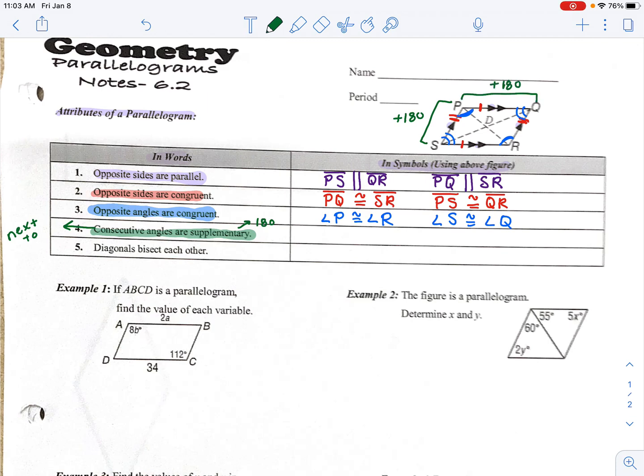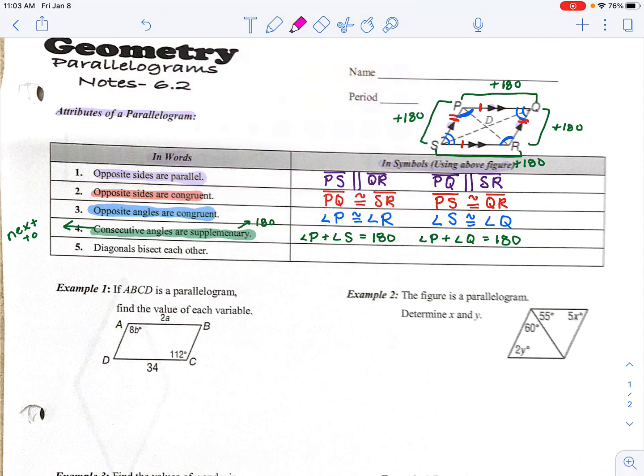P and Q are next to each other, so they would add to 180. Q and R would add to 180, and S and R would add to 180. If I write down two examples, I could say angle P plus angle S equals 180, and angle P plus angle Q equals 180, and so on and so forth.